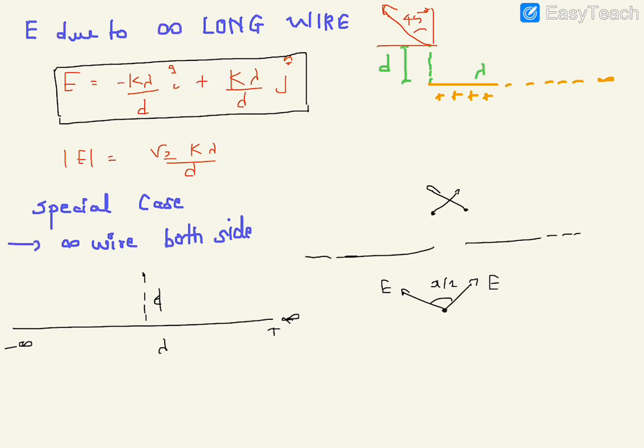I'll apply that over here, and I will get my E as 2E cos theta by 2, and I will put the value of my E, that is root 2 k lambda by d, and my theta is pi by 2. Then I will come to a value of 2 k lambda by d. So my E becomes 2 k lambda by d.